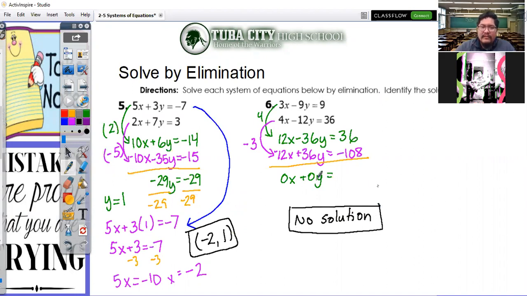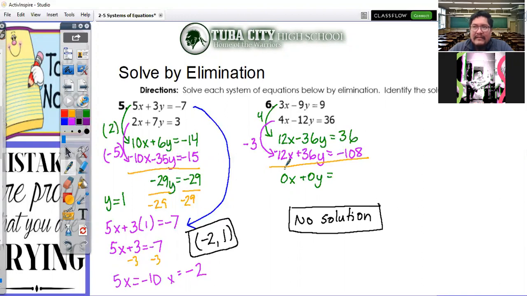So there are three ways to test this out. If you lose both variables, when you're solving something in basic algebra, there are two things that can happen: there could be no solution or there could be infinite solutions.